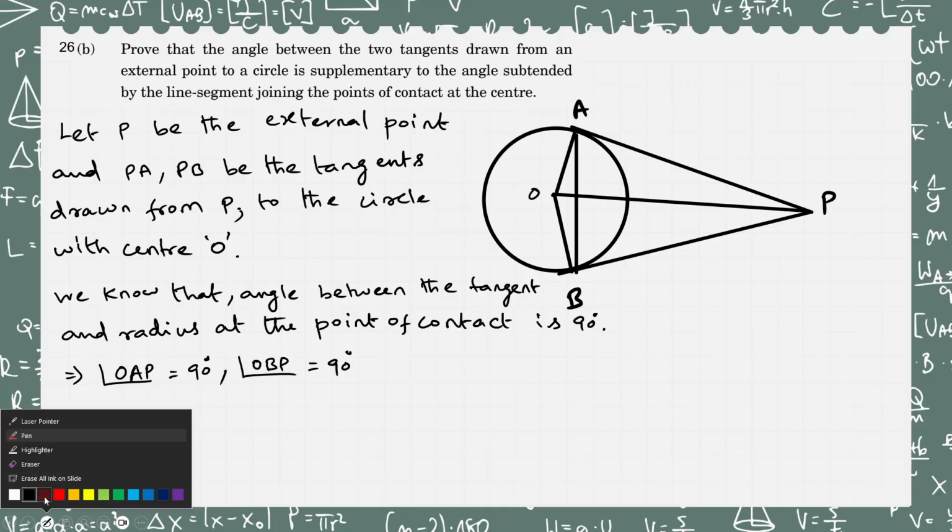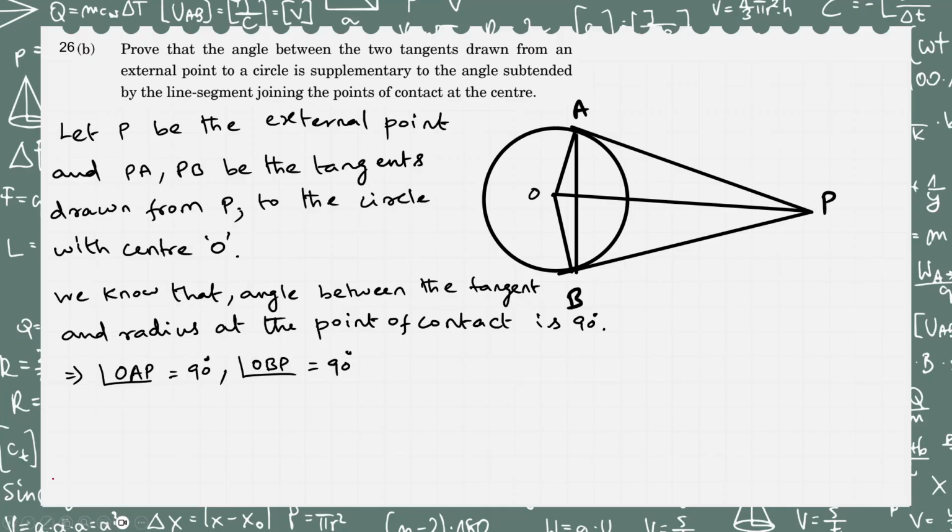Now we are going to consider the quadrilateral OAPB. Let us draw that separately here. Here we have a 90 degree angle, and here also we have a 90 degree angle. And we know by the angle sum property of a quadrilateral that the sum of all the angles is 360 degrees, which we are going to use here.